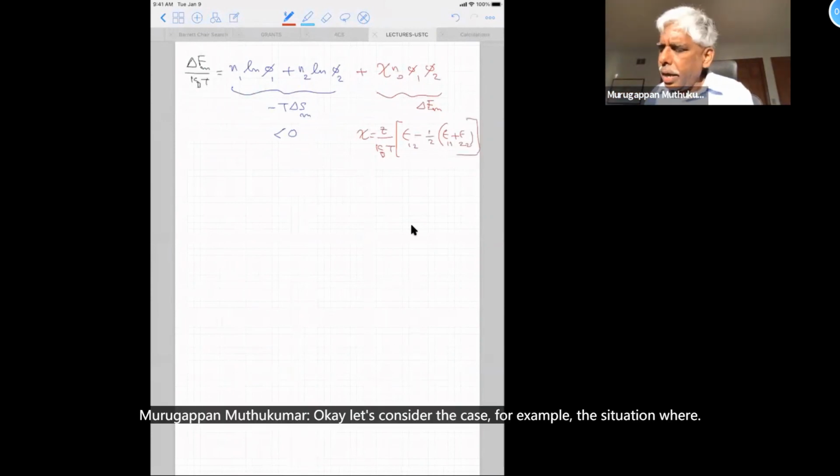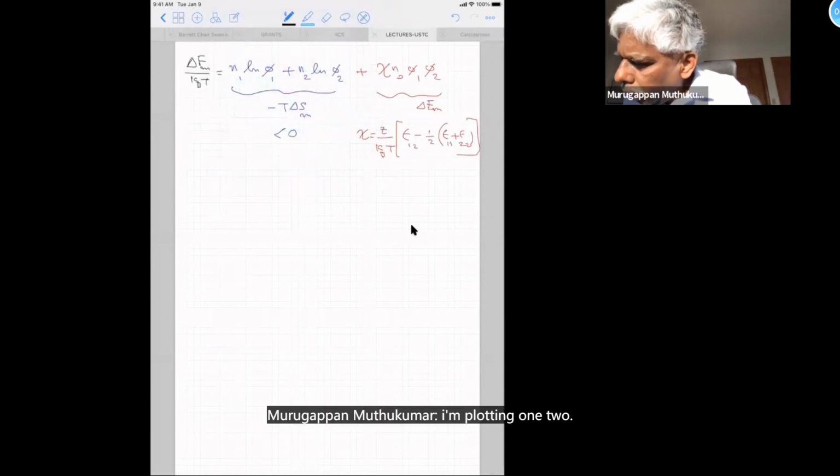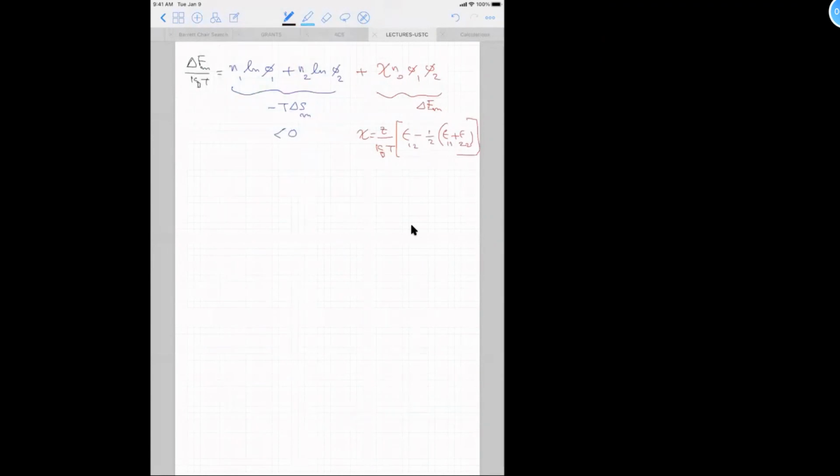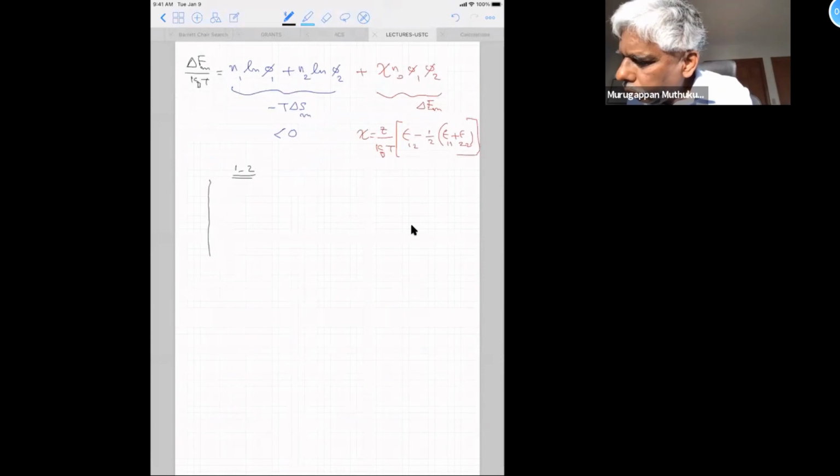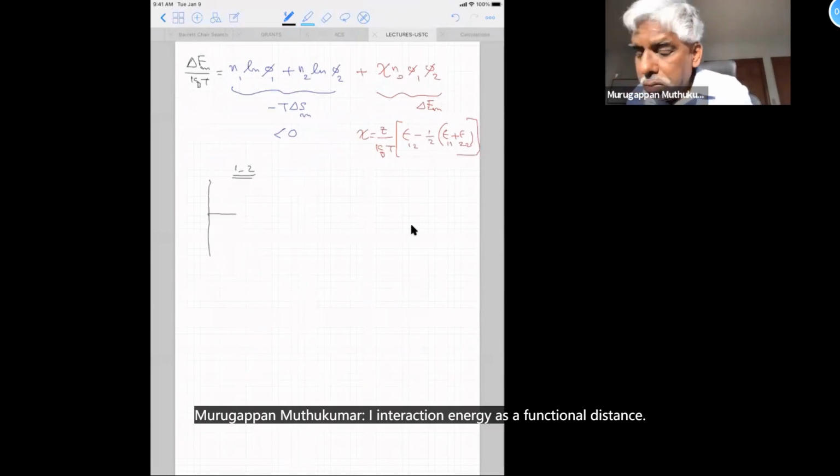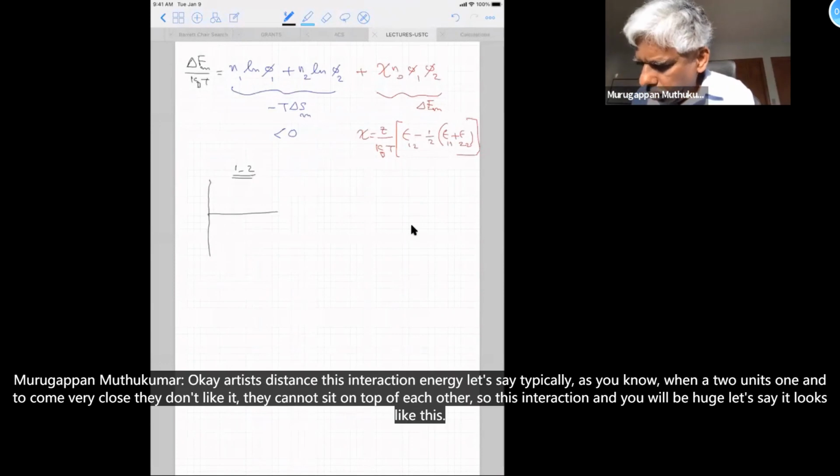Let's consider a situation where I'm plotting the 1-2 interaction energy as a function of distance. R is distance, and this is interaction energy. Typically, as you know, when two units, 1 and 2, come very close, they don't like it, they cannot sit on top of each other.